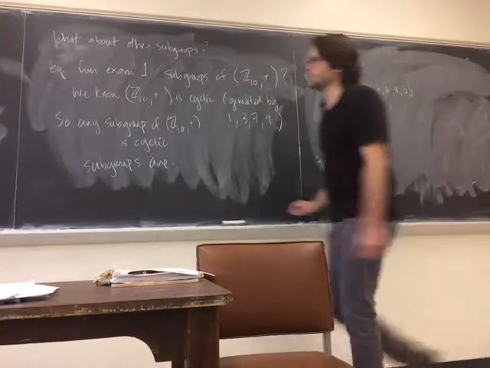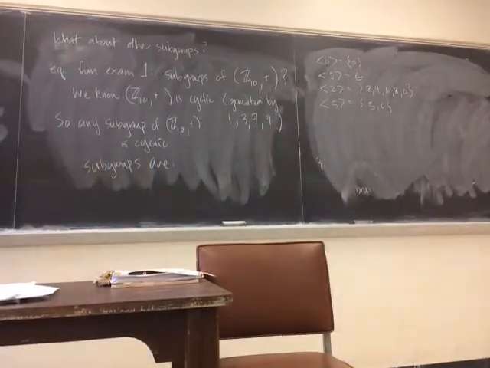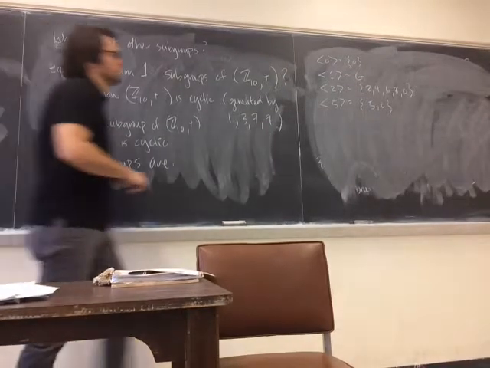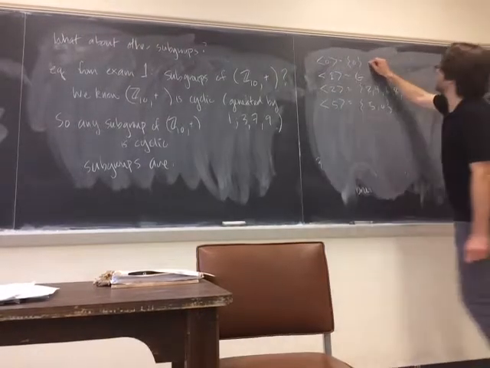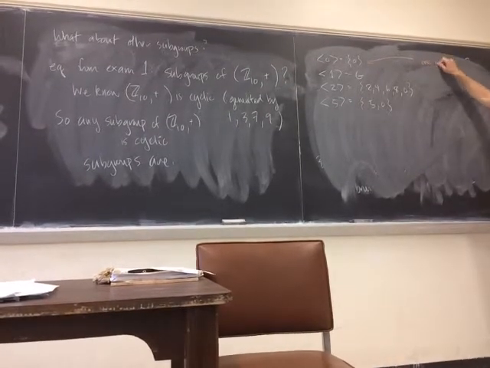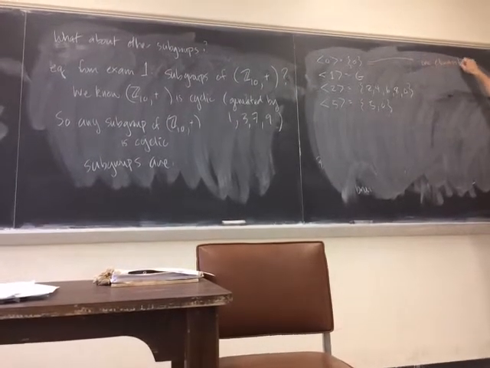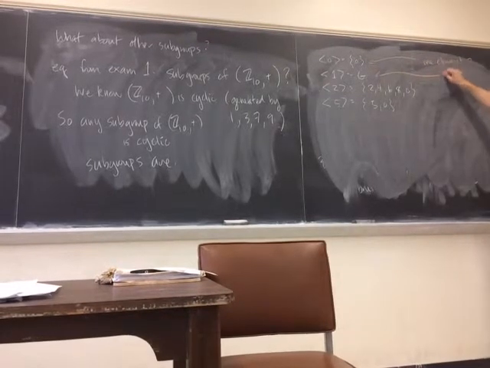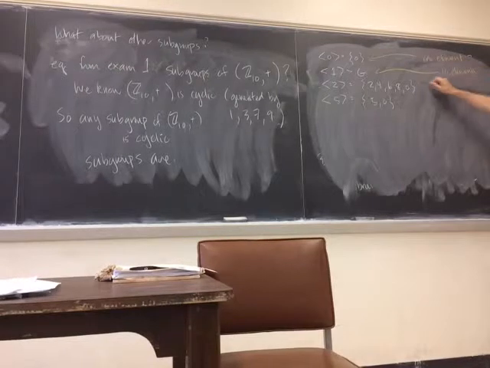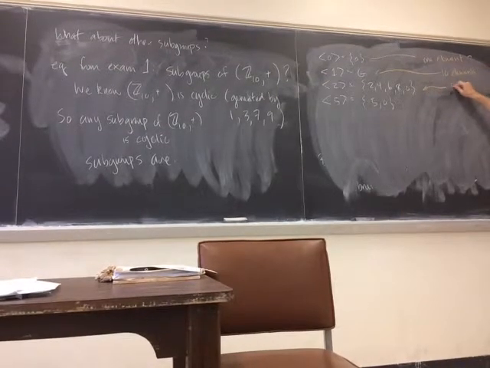Well, remember back to our question here. How many elements are in these subgroups? So how many elements does this guy have? 1 element. How many does this have? 10 elements. How many does this have? 5.